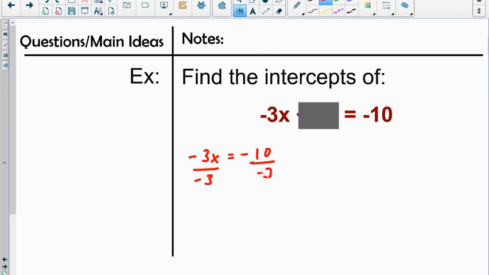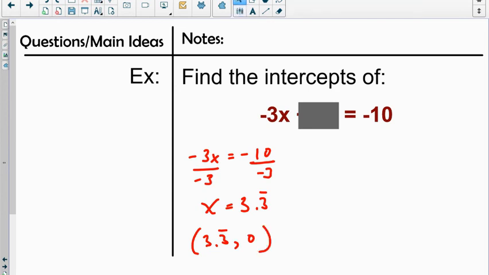Divide by negative 3 on both sides to get x by itself. When I divide a negative by a negative, I get a positive. And 10 divided by 3 is 3.3 repeating, or 3 1/3. So the x-coordinate was 3.3 repeating when the y-coordinate was 0, because it was covered up.